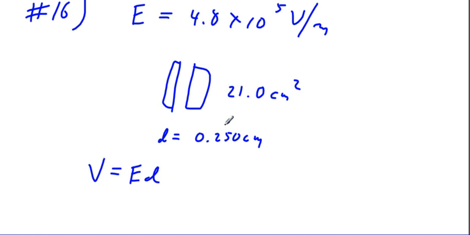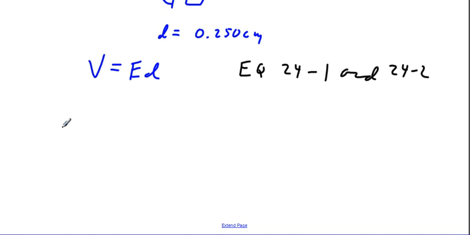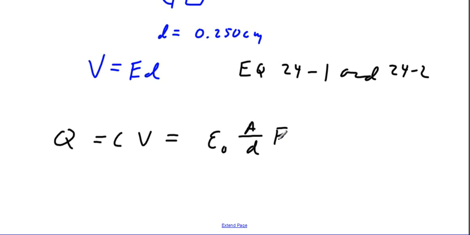We're going to use equations 24.1 and 24.2 and manipulate them a little bit and say that Q is equal to CV, which is equal to epsilon naught A divided by d times Ed, which ends up as epsilon naught times area times electric field.